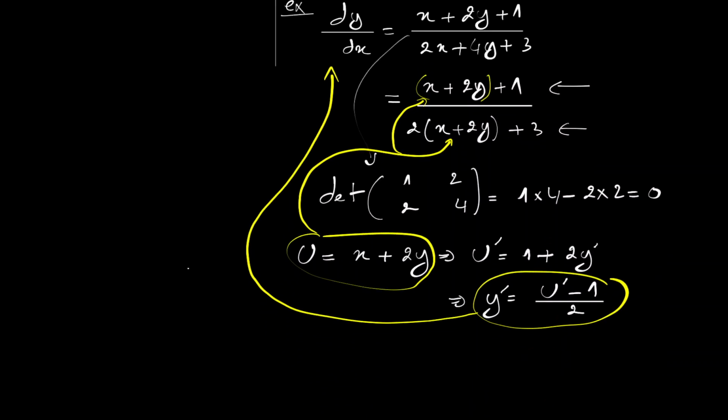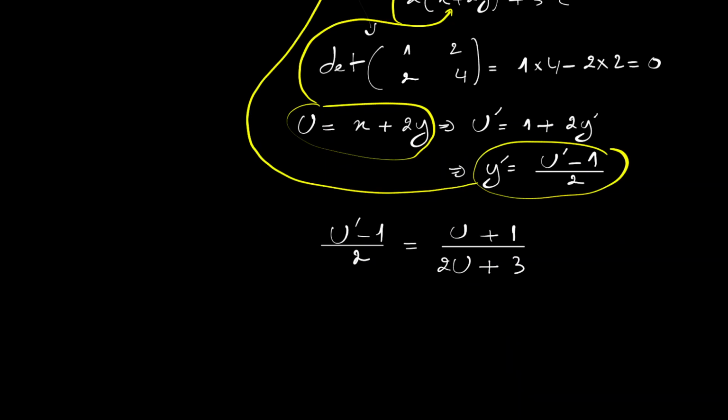Our equation becomes u prime minus 1 over 2 equals u plus 1 over 2u plus 3, which is a separable equation.